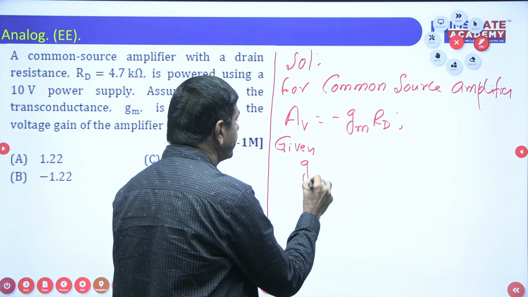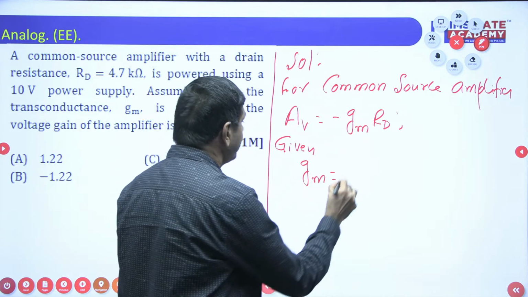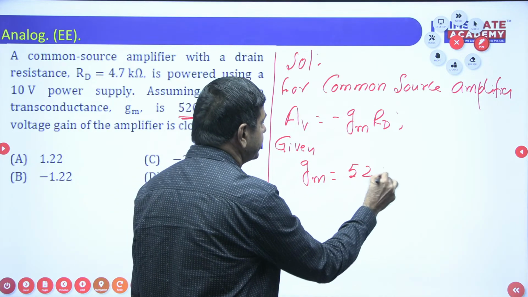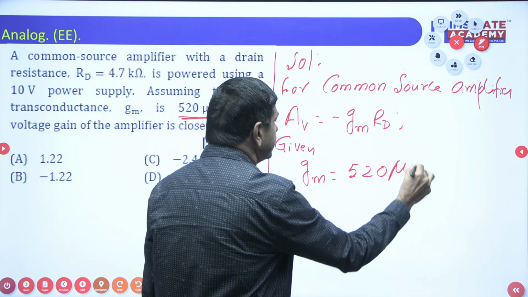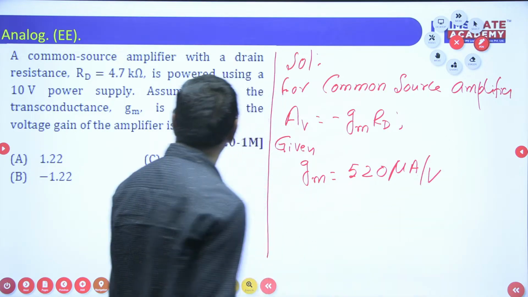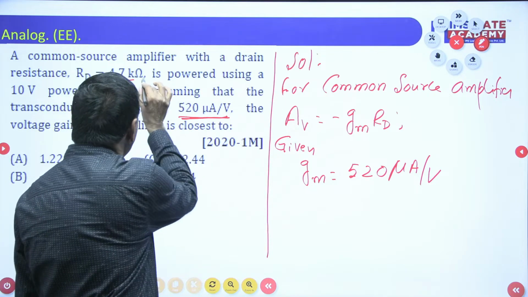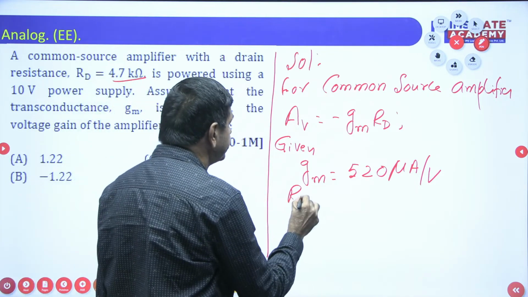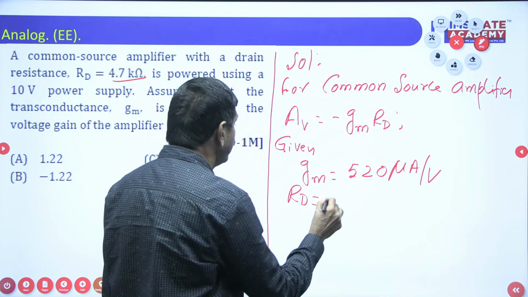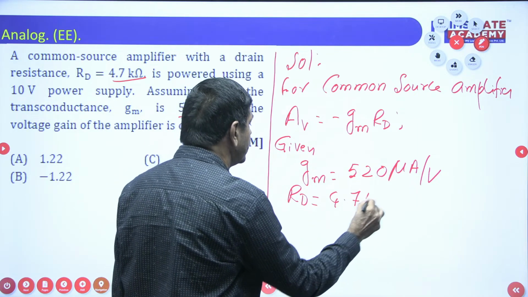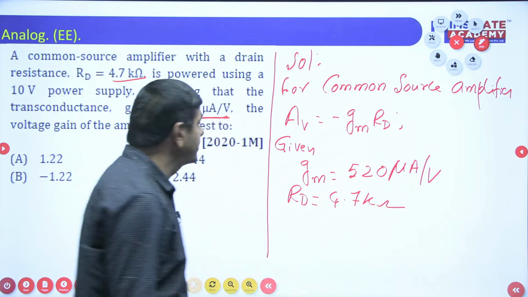GM is given in the problem. 520 microamperes per volt is given. And also drain resistance is given in the problem, 4.7K RD. 4.7 kilo ohms only.